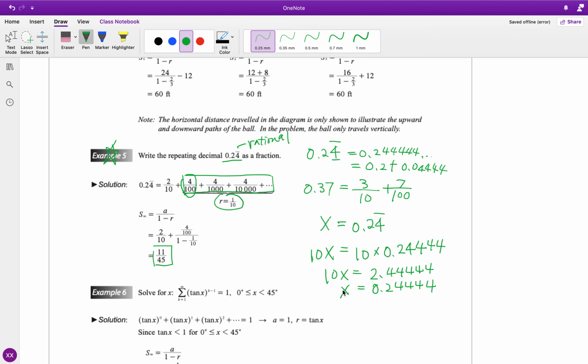So now this time, I'm using this equation to subtract this equation. That means 10x minus x equals 2.4444, keep going, subtract 0.24444.